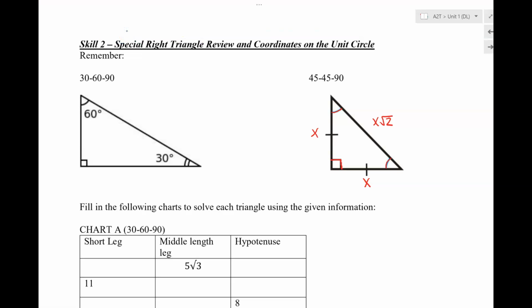Well, for a 30, 60, 90 triangle, the leg across from 30 degrees was the shortest, and we saw that the hypotenuse was double the shortest leg. Reminder, the leg across from the smallest angle is always the shortest. And then the leg across from 60 degrees was the shortest leg times rad 3.